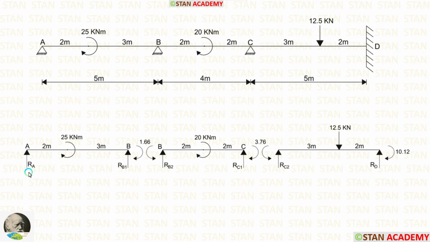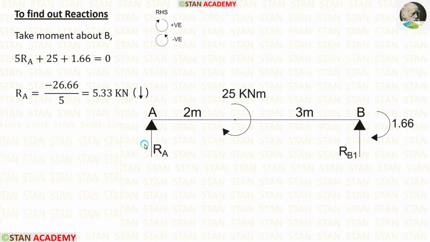Now we are going to calculate the vertical reactions. First, let us take the span AB and calculate the vertical reactions. In the span AB, there is only one moment, MB, which is acting in the clockwise direction. In this span, first I am going to calculate RA.